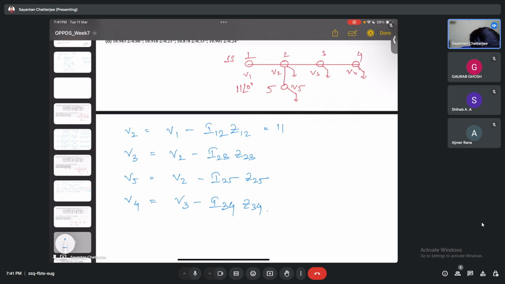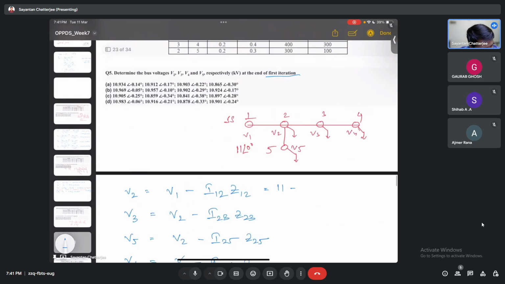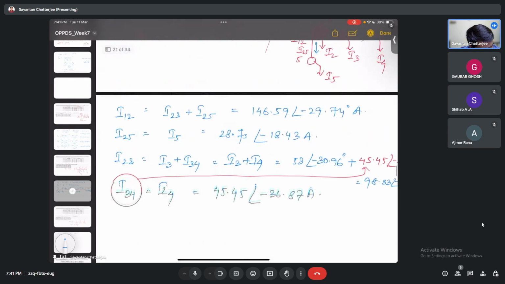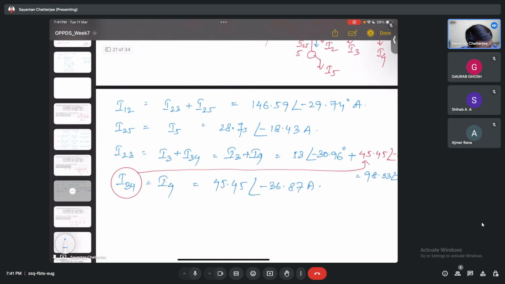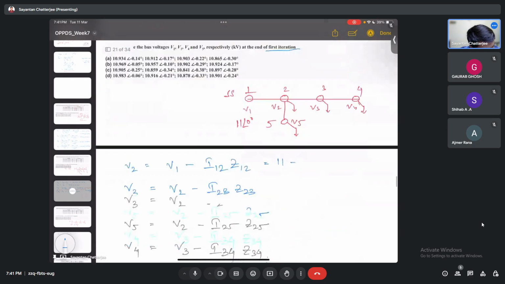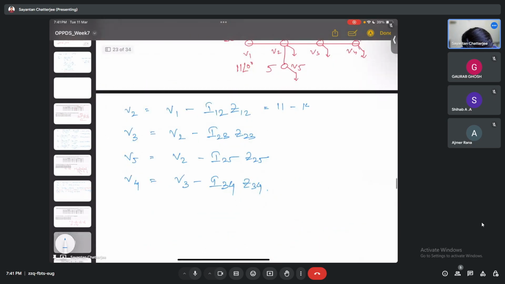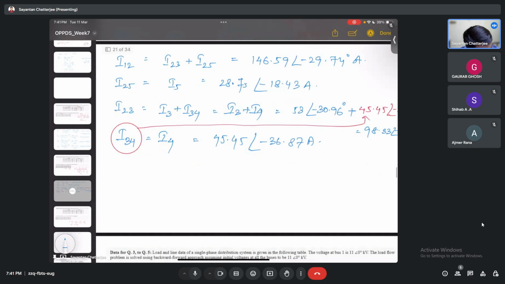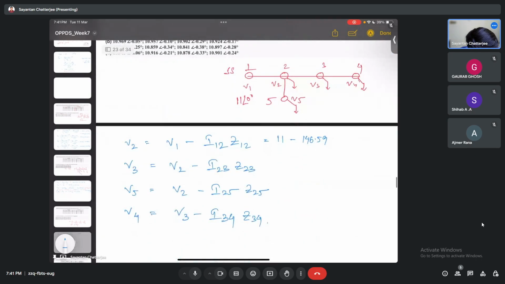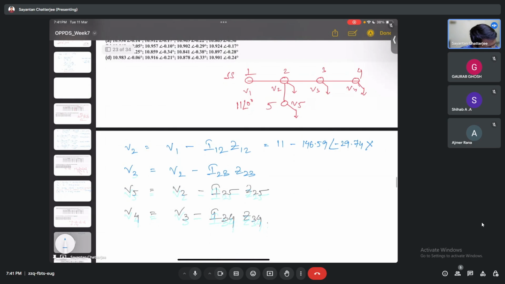So V1 is 11 angle 0. So I'm just writing the value of V1 here. I12, what is I12? Already we have calculated. It's 146.59 angle minus 29.74, and Z12.